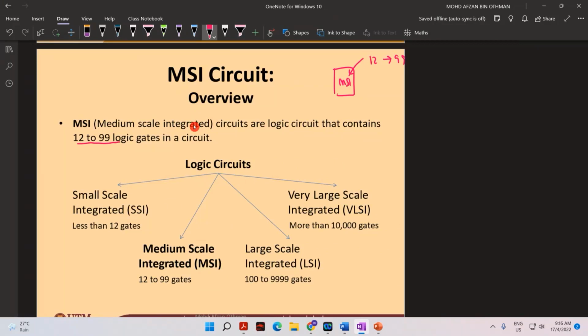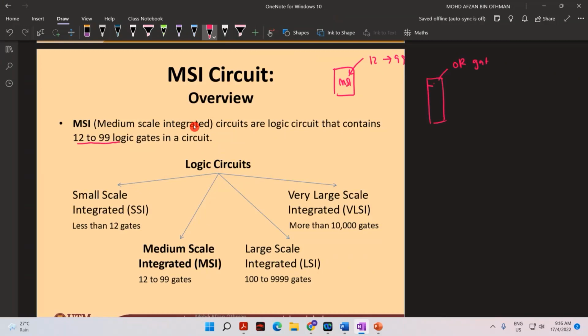Logic circuits can actually be divided into 4 types. The first one is the small scale integrated circuit, which is SSI. SSI is where it has less than 12 gates inside the IC. For example, if you buy an IC for OR gates, inside it may have 6.